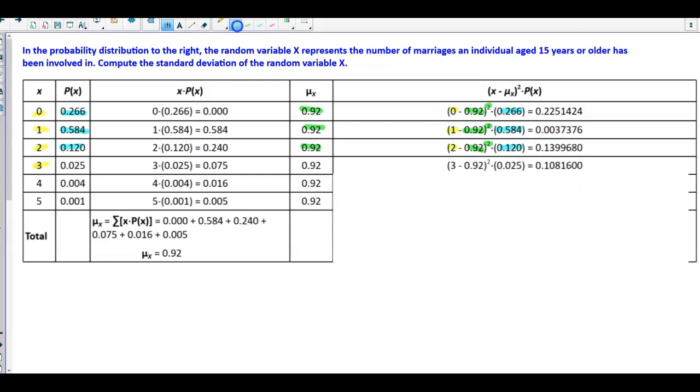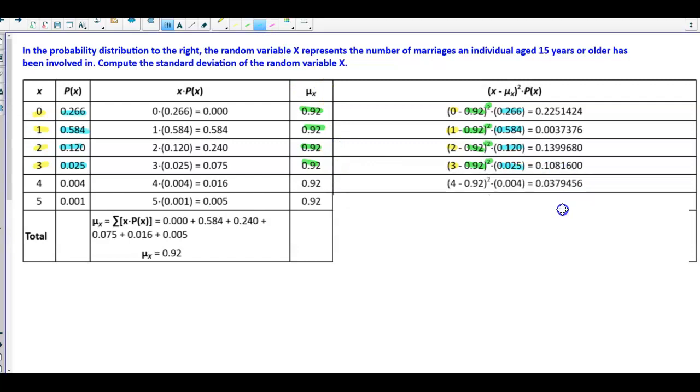Next, data value is 3. We subtract the mean of 0.92, square it, and multiply it by the probability of 0.025 to get 0.1081600.